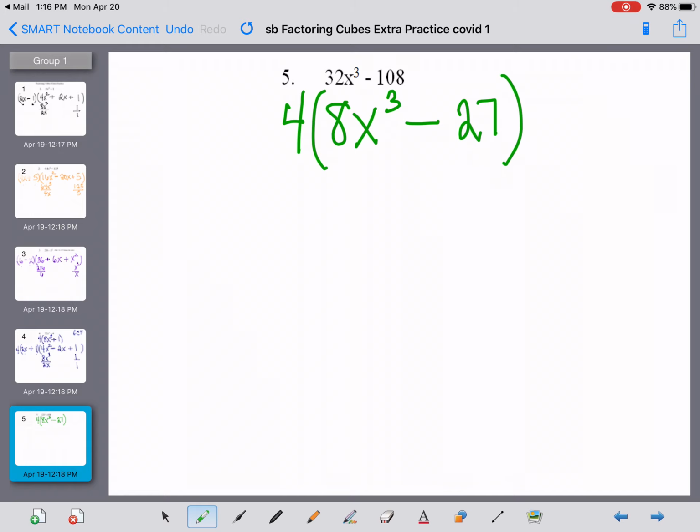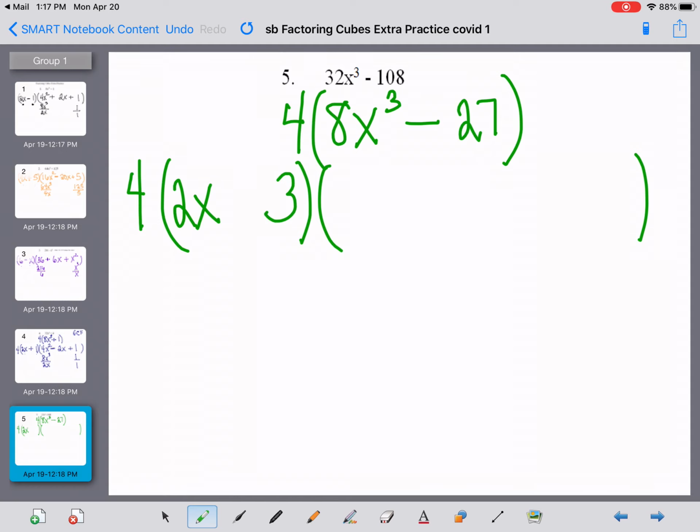So at least we're going to have a little bit of different numbers to work with. But once we've got that, then we're going to have a little parentheses and a big parentheses. And the cube root of 8, which just coincidentally happened to be in many of the problems that we did here, is 2. The cube root of x cubed is x. The cube root of 27 is 3.